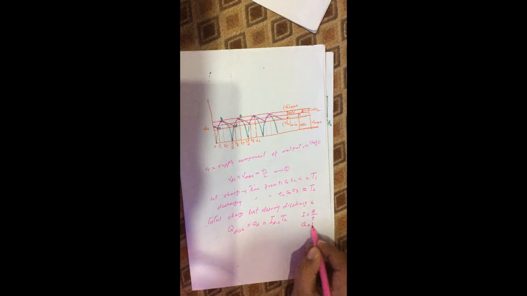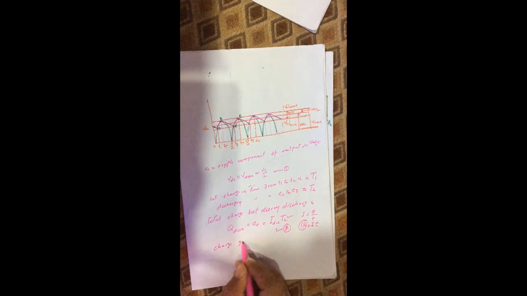So charge will be current times time. The charge lost during discharging is the current flowing through the load resistance times the time taken during discharging, so discharging time is T2. This is equation 2.